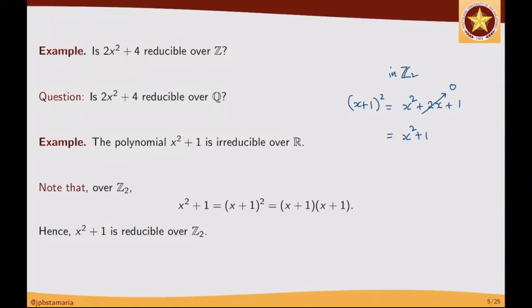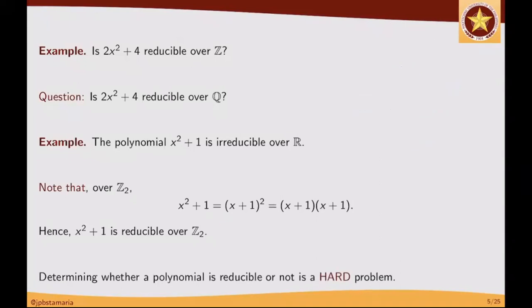Kaya nga tayo merong lesson na ganito, no? How would you know in advance kung reducible or yan, ito yung remark natin. Okay, mag-alala kasi talaga namang walang nagsasabing madali ang pagdedetermine whether a polynomial is reducible or not. No? In fact, this is a well-known hard problem.